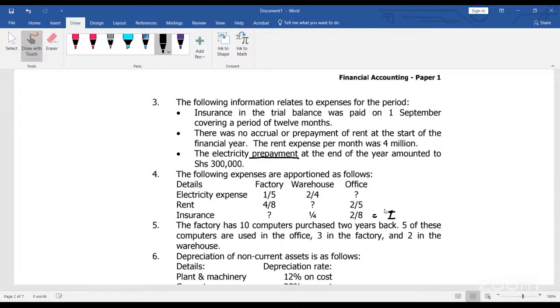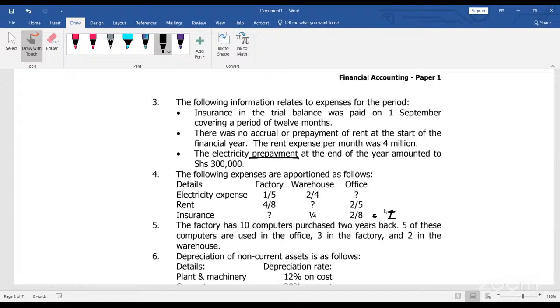So what is the missing fraction? That question mark means that you're supposed to put a figure there. So let's try to find out what to put. When we add all the fractions, they should be giving us 1. So just get 1 minus their 4 term, then minus the 2 over 8.